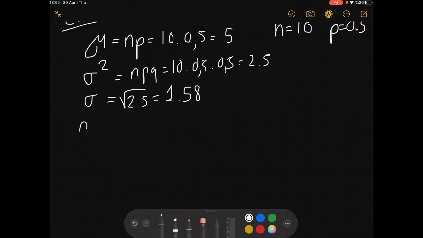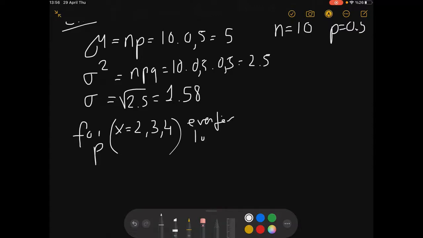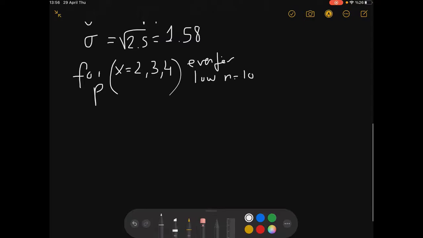Now let's calculate the probability for x equals 2, 3, and 4, even for low n, which is your 10. When you try to calculate this one with the binomial approach, it would look like this.